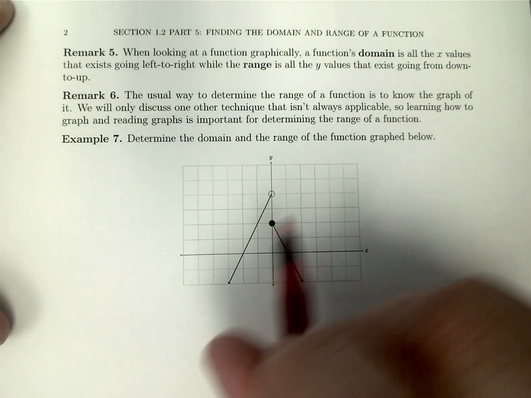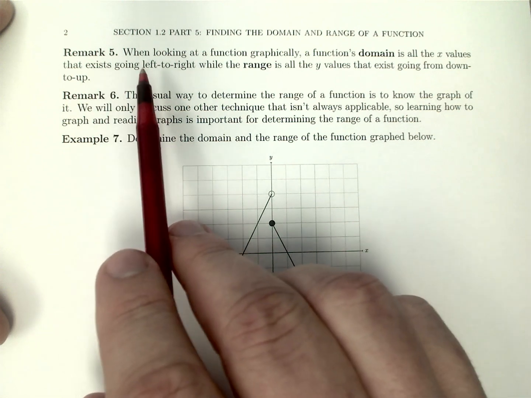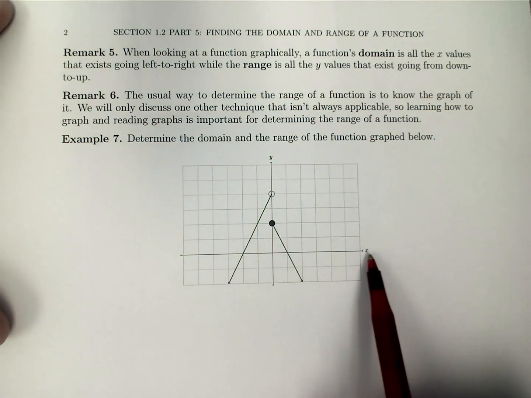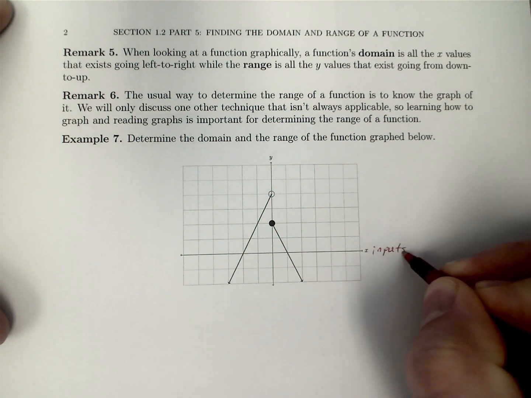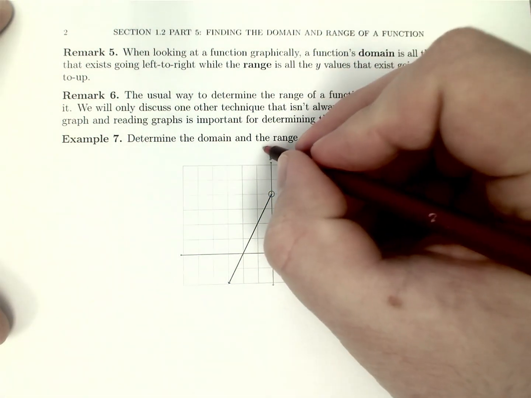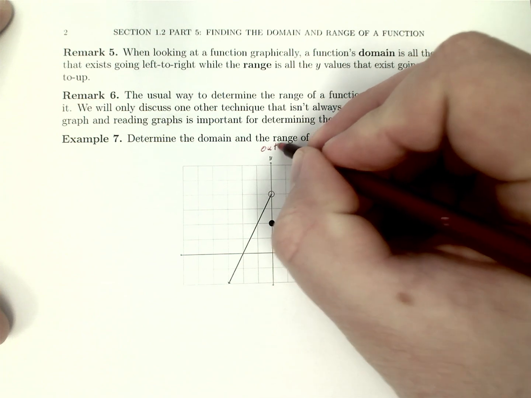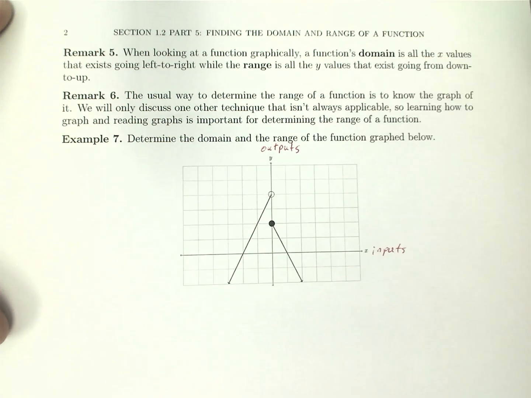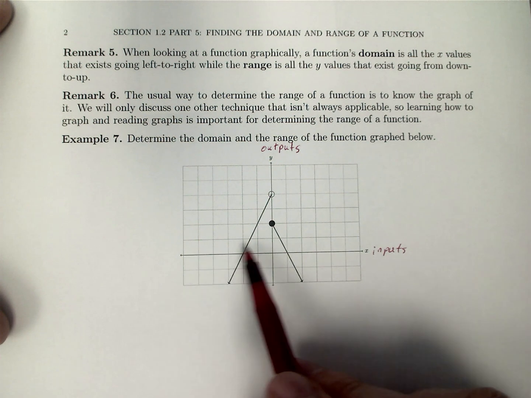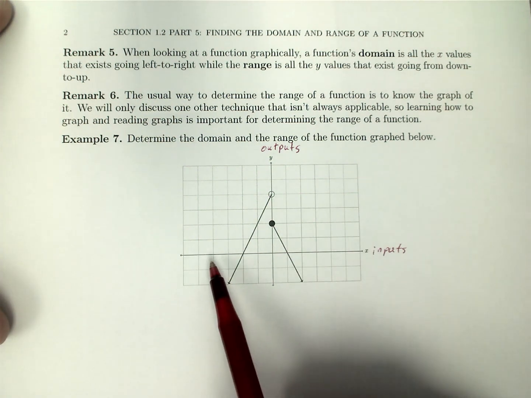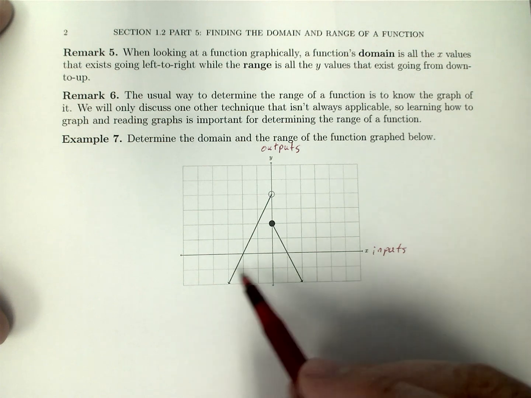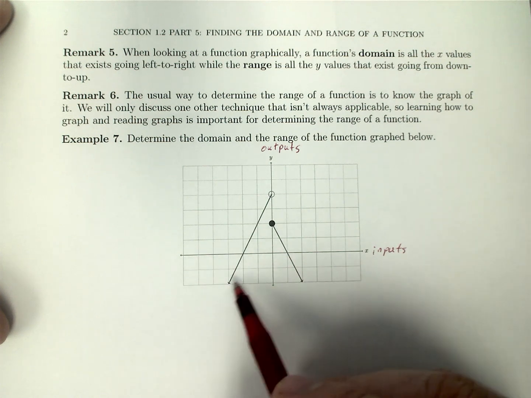When you're looking for the domain, it's all the inputs, and the inputs correspond to x values, and the y's correspond to outputs. So what we put in is x, what we output is the y. So question, what is the set of all of our inputs? Every time we can plug in a number, we get something out.